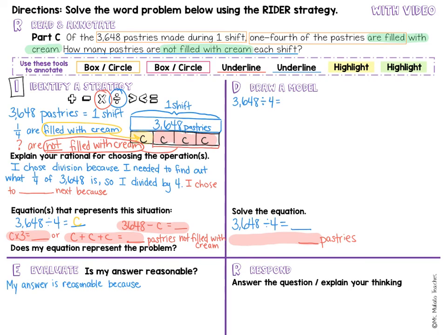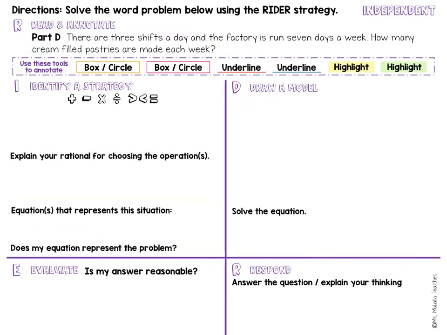Great job! Once you're finished typing the answers, the following slide is marked as independent. This slide you will do on your own using the writer strategy. A helpful hint. This question is asking how many cream-filled pastries are made each week.